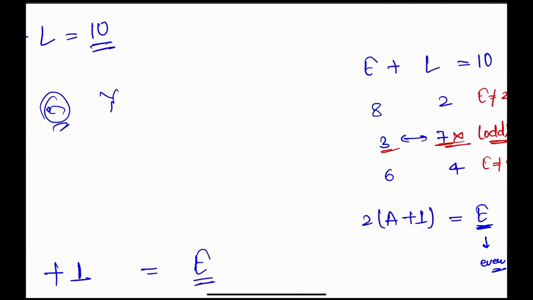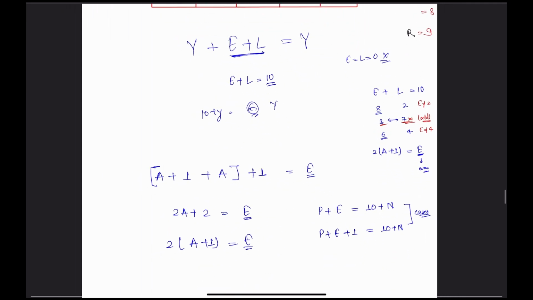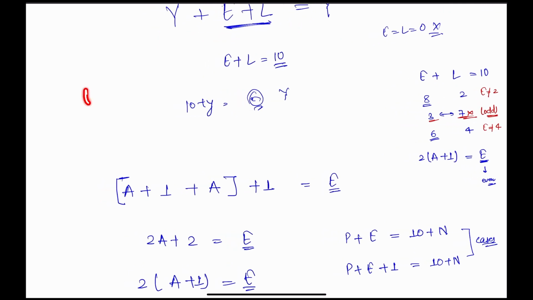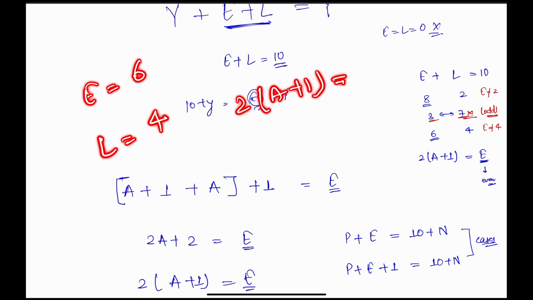Okay, now these are the two conditions that are left with me. Let's take another value. If my E equals 6, then L equals 4, and 2 into A plus 1 equals E. E equal to 6, so A plus 1 equals 3, A equals 2, which is still possible.